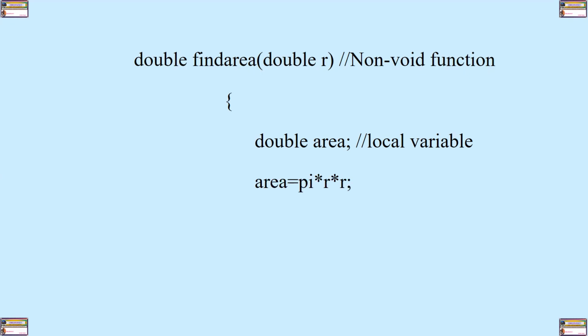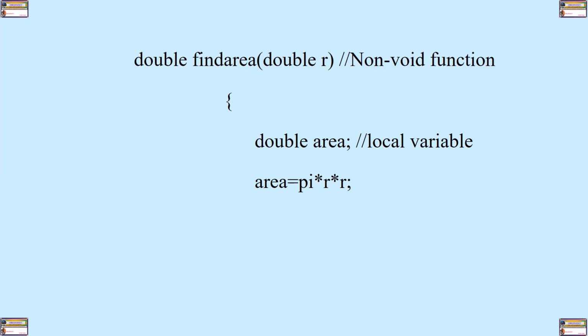And then this statement is for computing the area of the circle. In fact, this is a circle. We are picking the value in the memory location recorded R, multiplying by itself, then multiplying the result with the value of memory location recorded pi, and assigning the result to the memory location recorded area. And then we return the area.